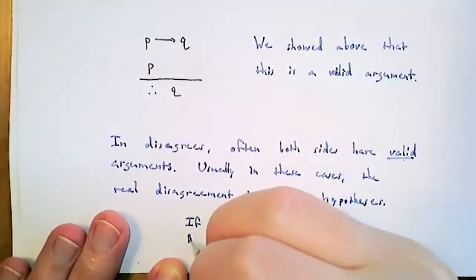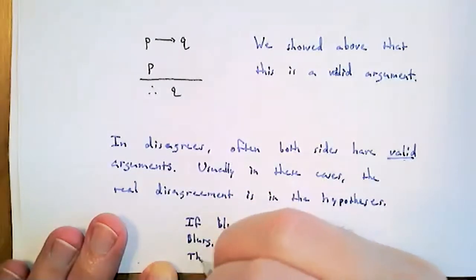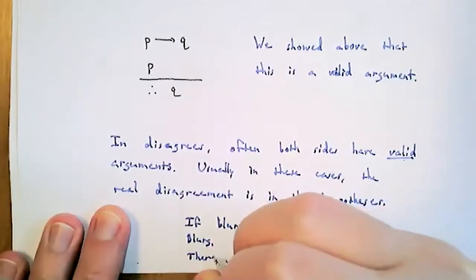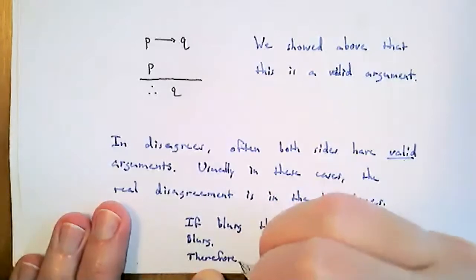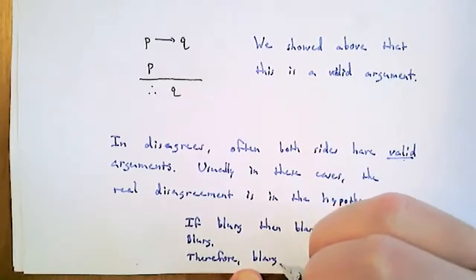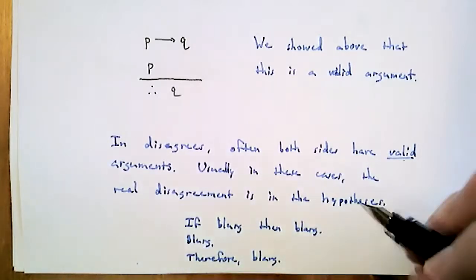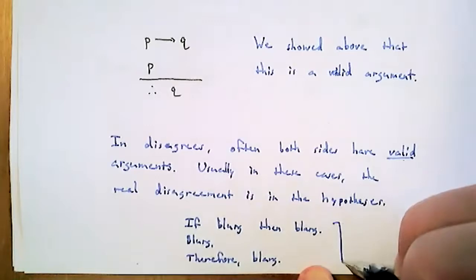Blurg, therefore blarg. So it totally has the right structure: if P, then Q, P, therefore Q. So it's a valid argument, but it's complete nonsense.